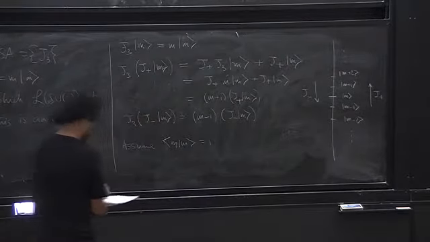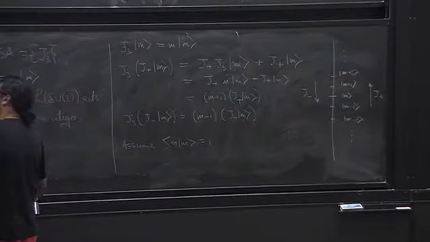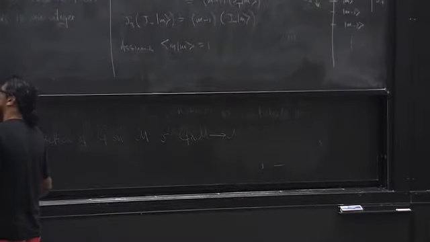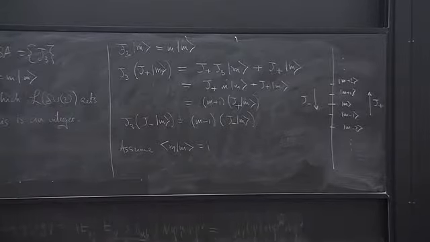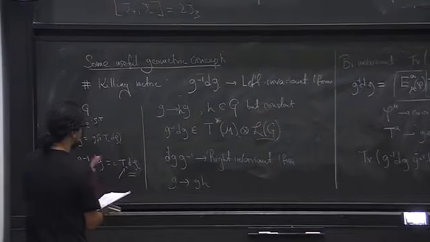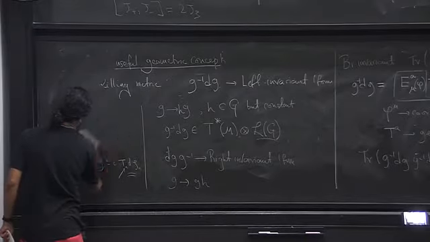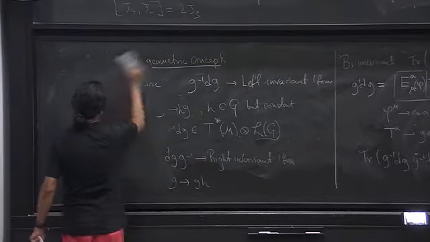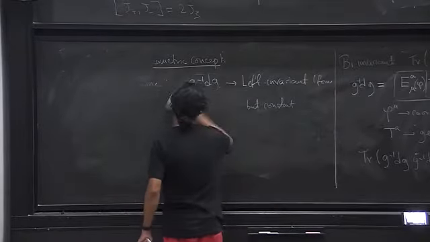However, there is no guarantee that when you apply J plus, you get m plus 1 without an overall constant. So what is that overall constant? And that is going to play a crucial role in the whole analysis.